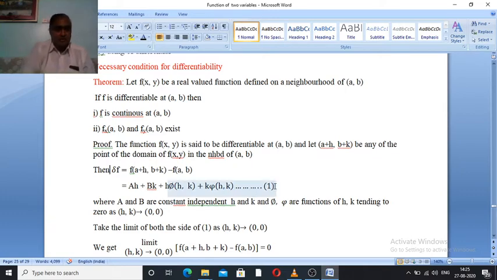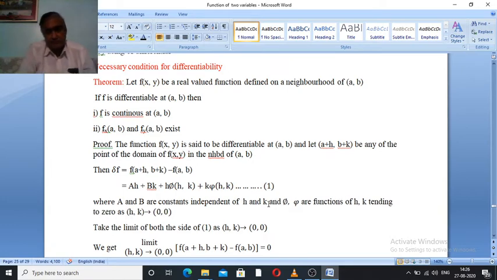Suppose this is equation 1, where A and B are constants independent of h and k, and phi and psi are functions of h, k tending to 0 as (h,k) tends to (0,0).